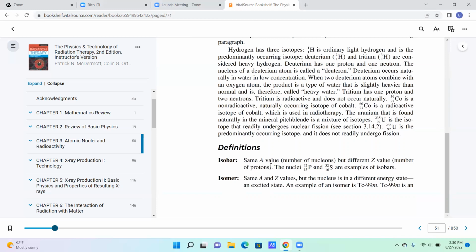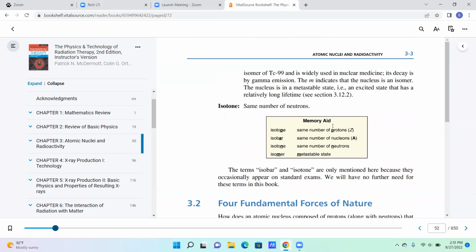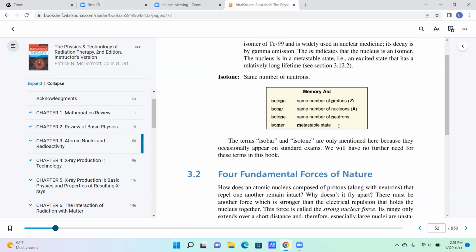Isobar has the same nucleon value but different Z values. Isomer has the same A and Z values, but the nucleus is in a different energy state, an excited state. An isomer example might be technetium-99m, which is considered to be metastable. And then you've got isotone, in which you've got the same number of neutrons.